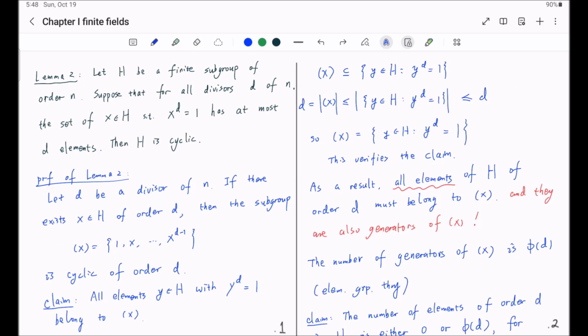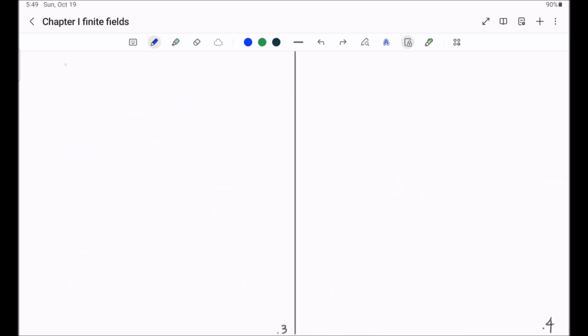Now let us summarize what we have here. First, H is a finite subgroup of order n. Order of H is n. And by our lemma 1, n is the sum of phi of d for all divisors d of n. This is our lemma 1.